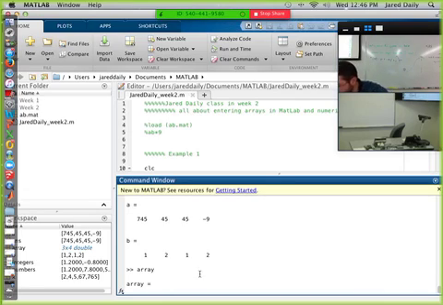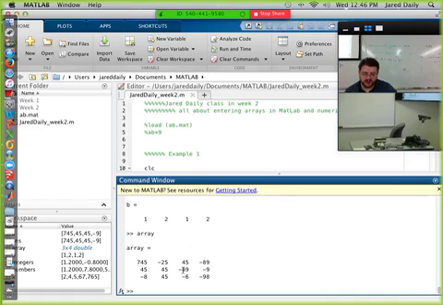There's another instance we can use max. Yeah, so the other one that we can use is this one. If I take the max now of array, let's see.